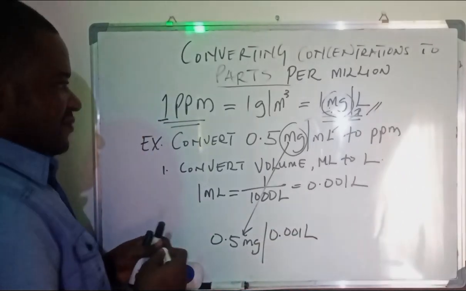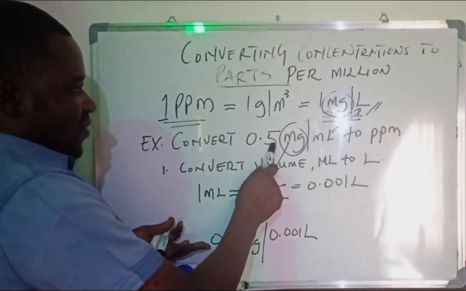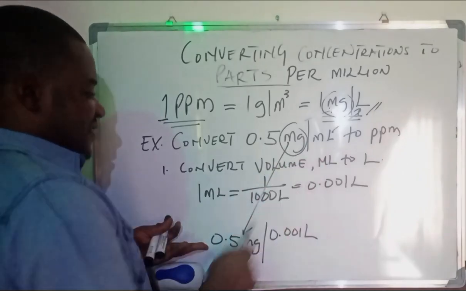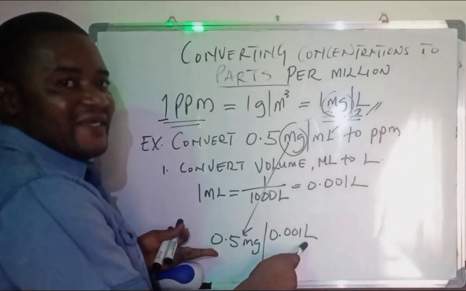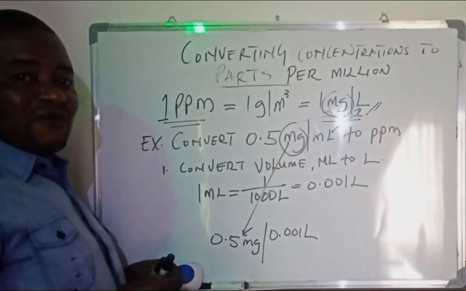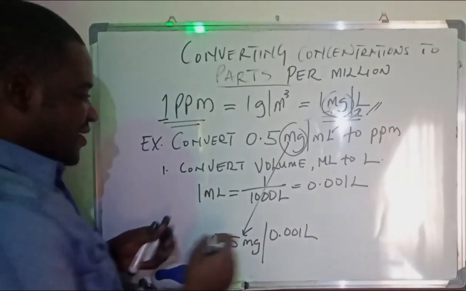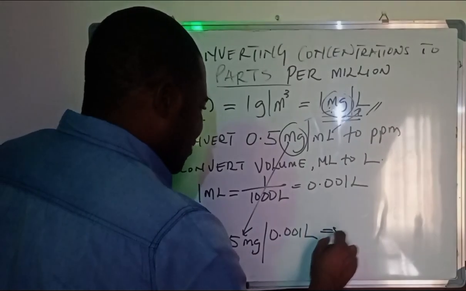That is what it means. 0.5 milligram per milliliter is the same thing as 0.5 milligram per 0.001 liter.